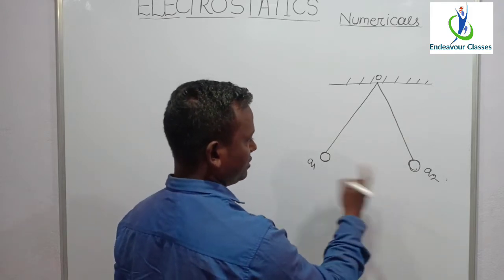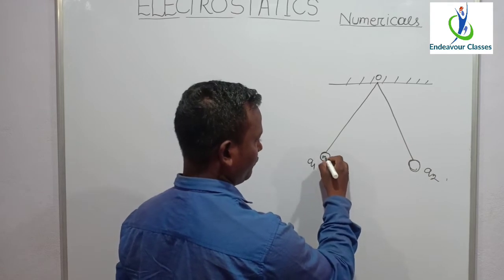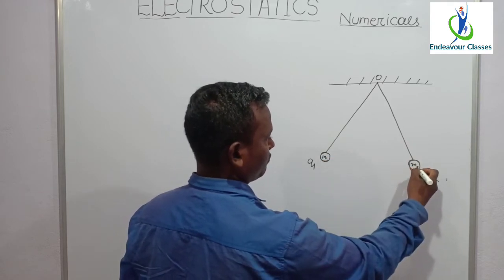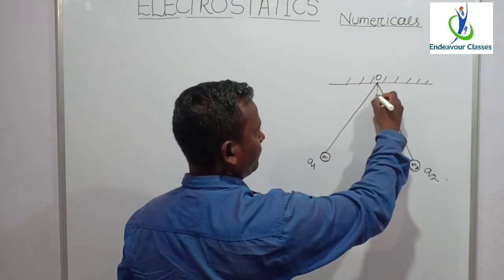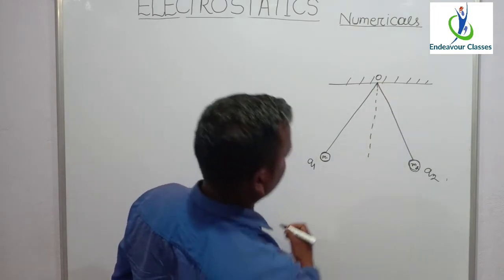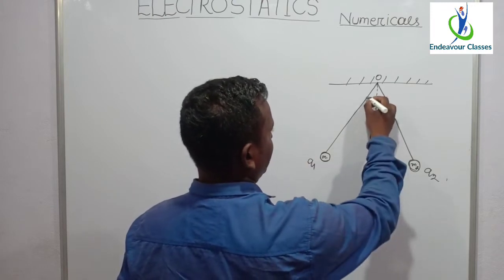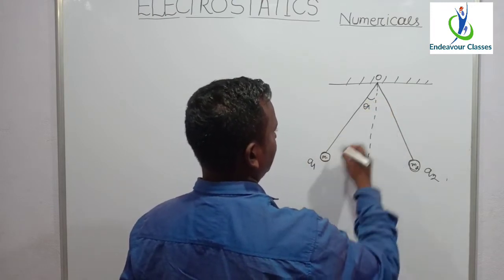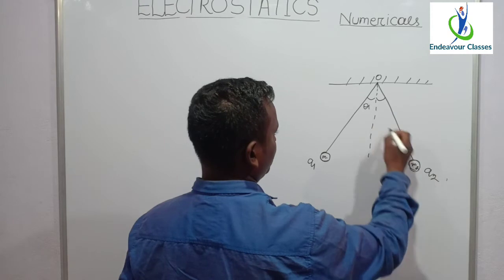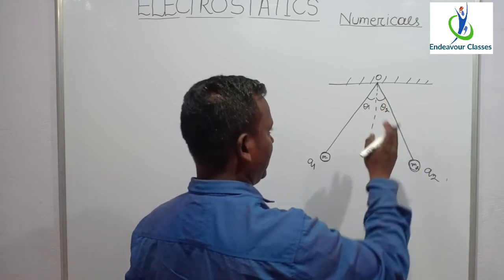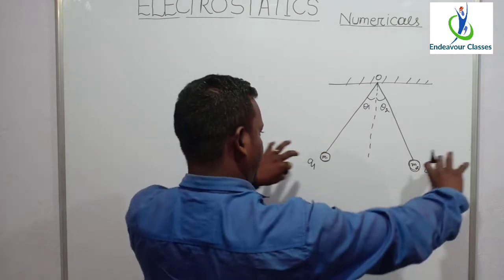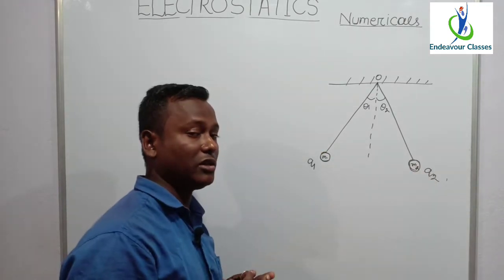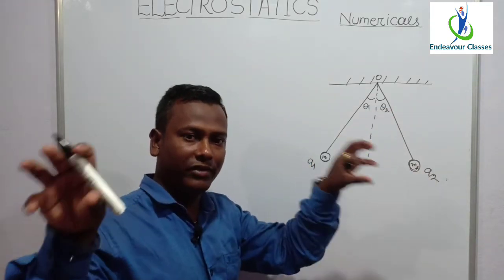Let the masses of these two charges be m1 and m2. Let us assume that the charge q1 is making an angle θ1 with the vertical, and the charge q2 is making an angle θ2 with the vertical under equilibrium. That means when the charges are pushed the maximum distance away from each other, at certain points they will be fixed.